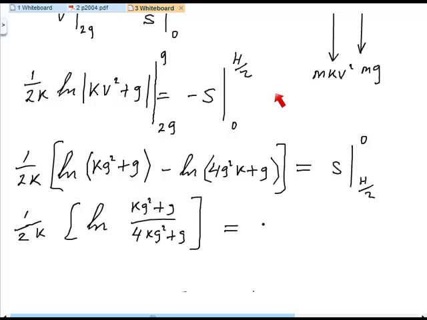Equals, and put in our limits on the right hand side, 0 minus h over 2. And maybe at this stage we can cancel our 2 on both sides, and to get rid of the minus on the h, multiply both sides by minus, and it becomes h is equal to the log of this minus the log of this.